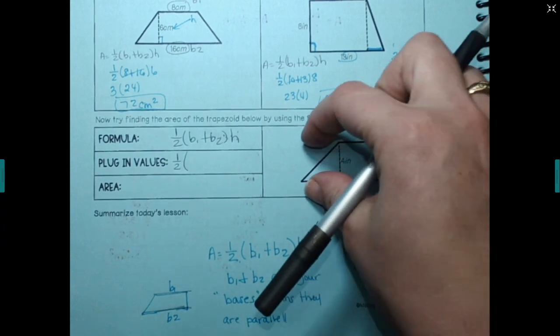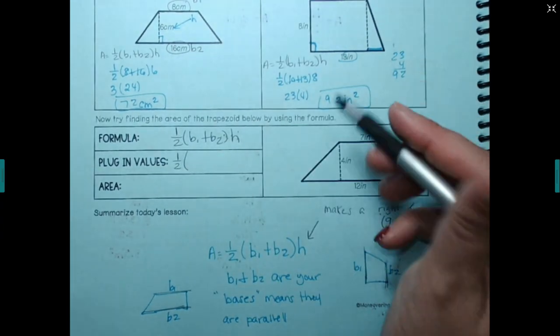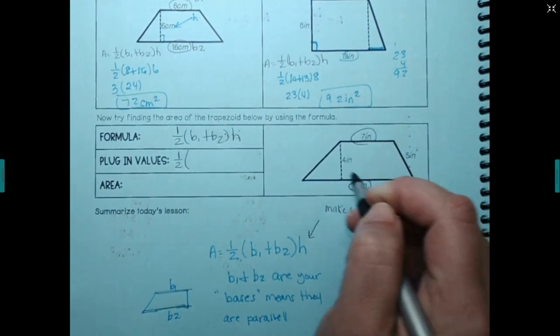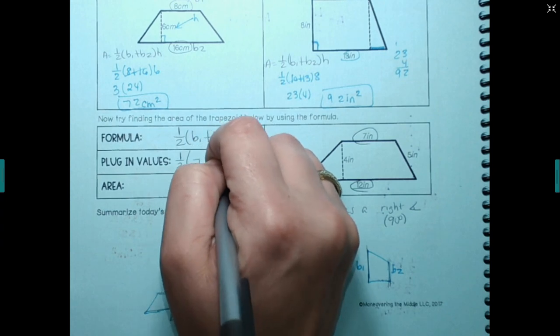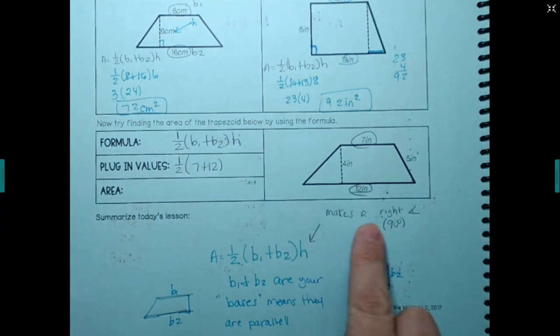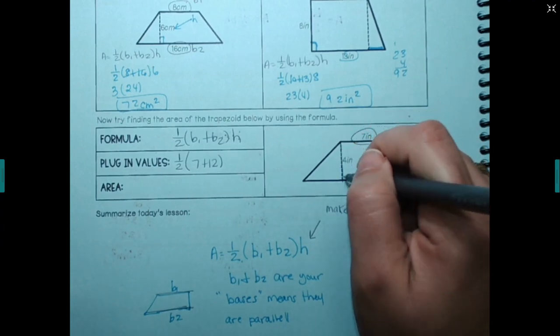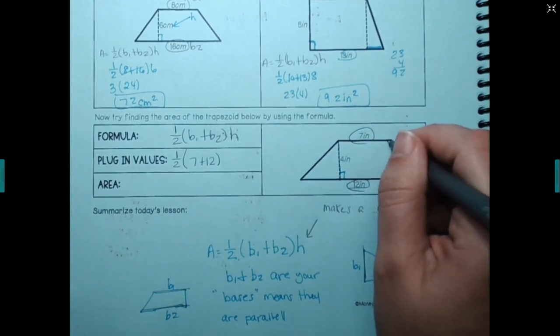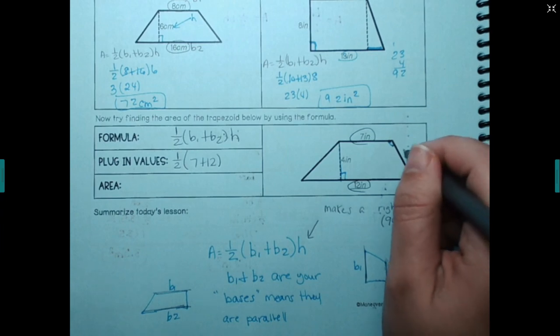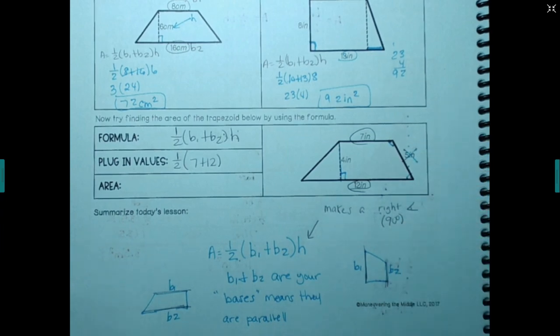So these guys are the ones that are never, ever going to touch. So 7 and 12. Now remember, I said your height has to make a right angle. So if I look, the 4 makes a right angle. This 5, that's not a right angle, and that's not a right angle. So that's extra information. So 4 is my height.